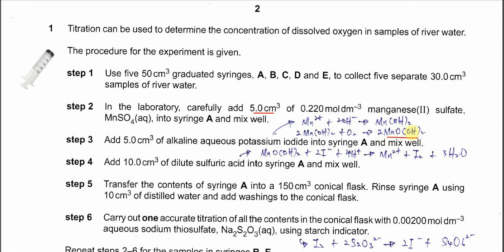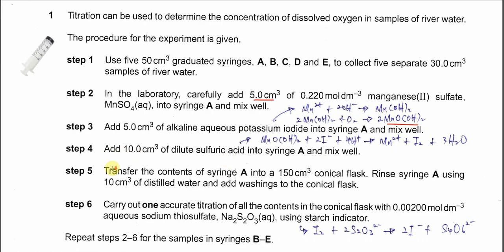So after that, next step. Step 4 is add 10 cm3 of the dilute H2SO4 into the syringe A and mix well. So the compound that was produced just now further reacts with the iodide, the iodide from step 3, potassium iodide, and eventually it will form manganese(II), iodine and H2O.